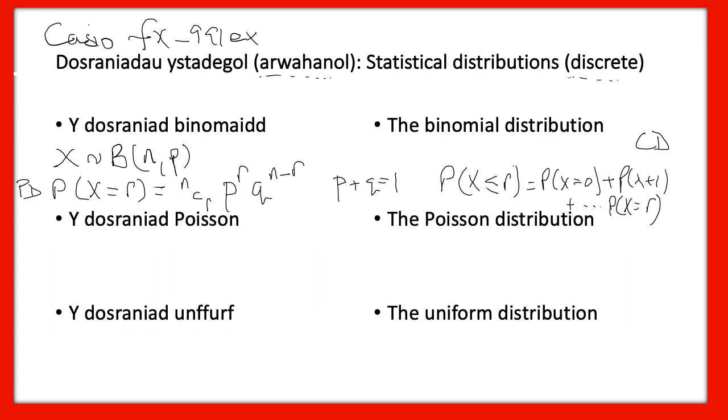Always look for the two pieces of data, though. You need to know N and P. If you don't know a number of events and the probability of an event coming on, then it probably isn't binomial.